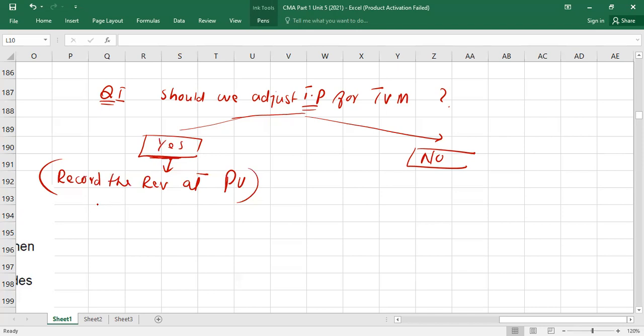Should we adjust the transaction price for time value of money? I said yes. Yes means I have to record revenue at present value. But when? What conditions are there? Condition number 1: if the cash selling price is different. Different than what? Than the transaction price.